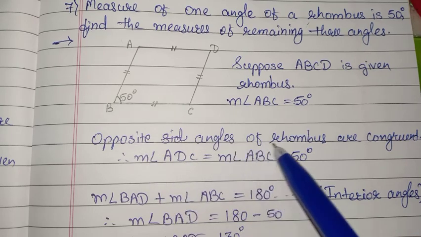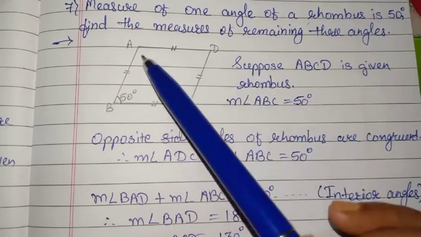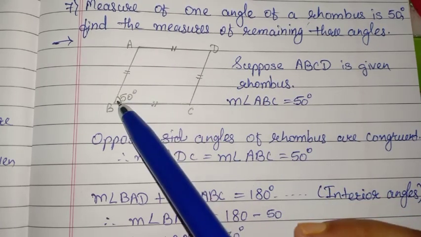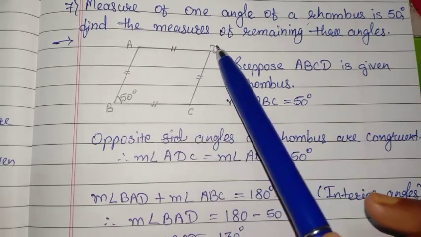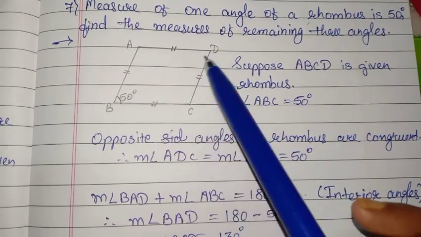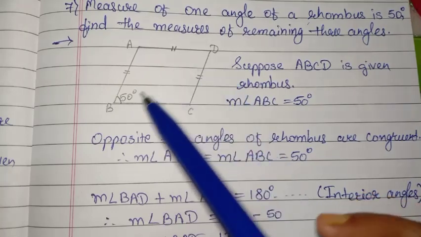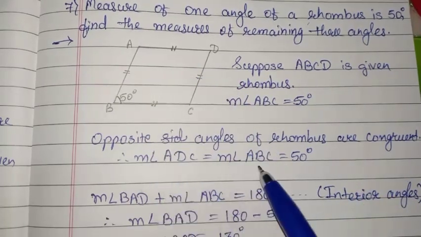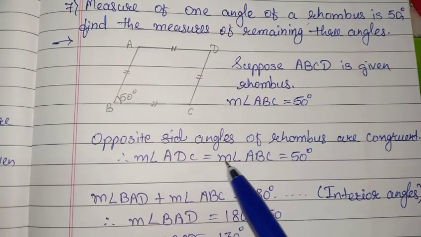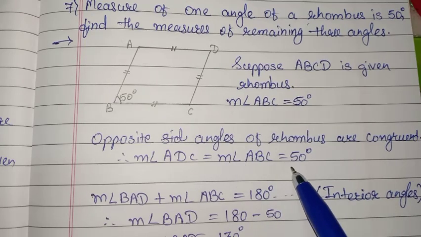Now, opposite angles of rhombus are congruent. So, angle ABC, if it is 50 degree, then angle ADC will be also 50 degree. So, these two angles will be of same measure. Then, measure angle ADC is equal to measure angle ABC, which is equal to 50 degree.